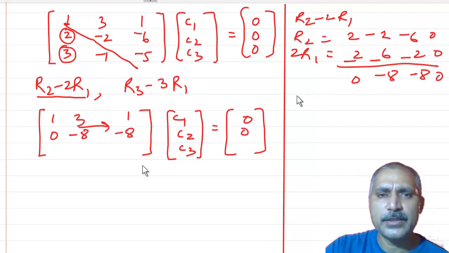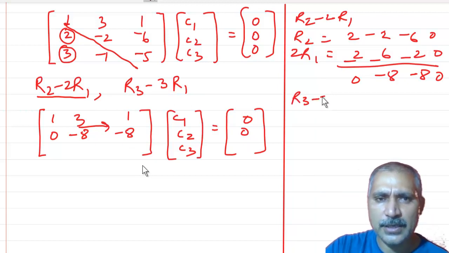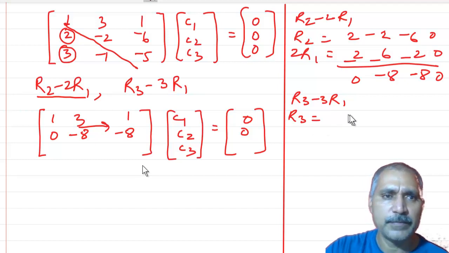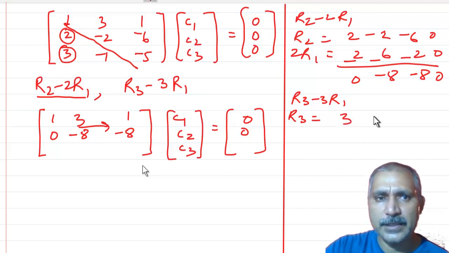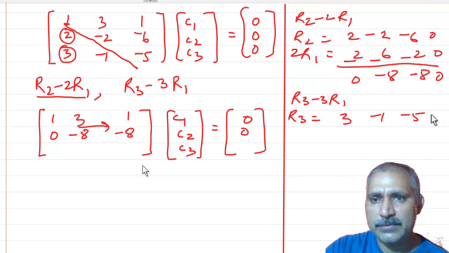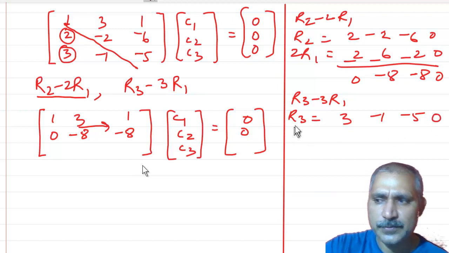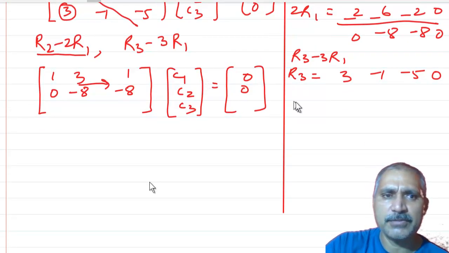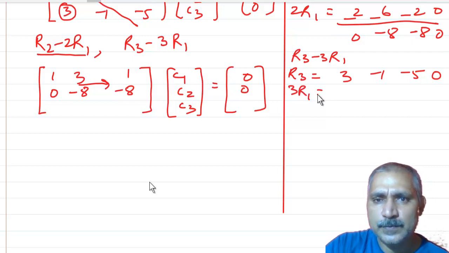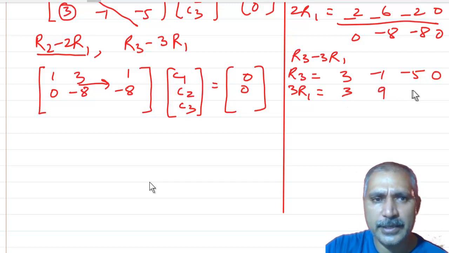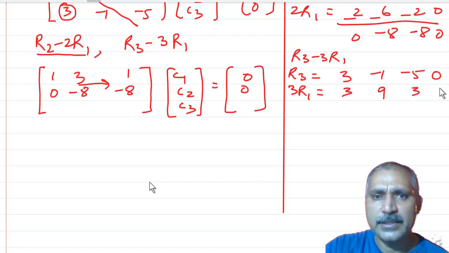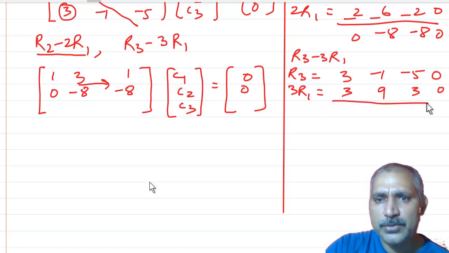Now we will do the operation on the third row, that is R3 minus 3 times R1. The R3 elements are 3, minus 1, minus 5 and 0. We have to subtract 3 times R1, that is, we multiply row number 1 by 3. So 3 1s are 3, 3 3s are 9, 3 1s are 3, and here it is 0. We have to subtract, so the signs will change.